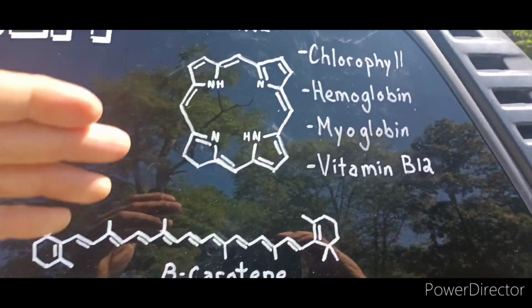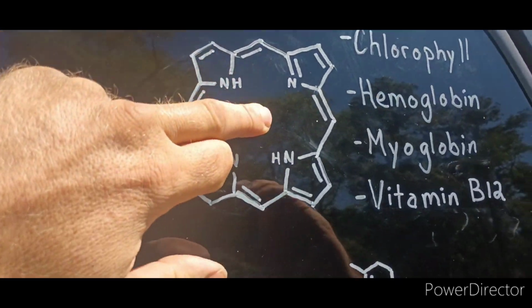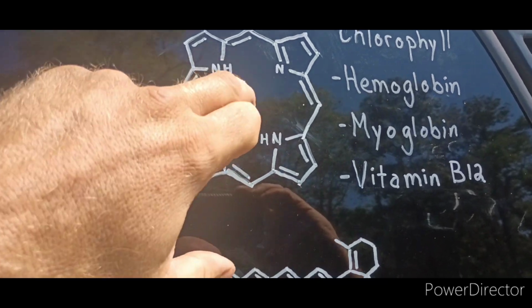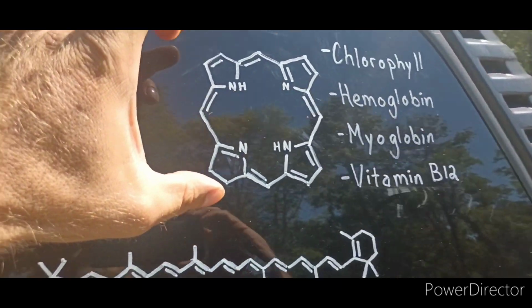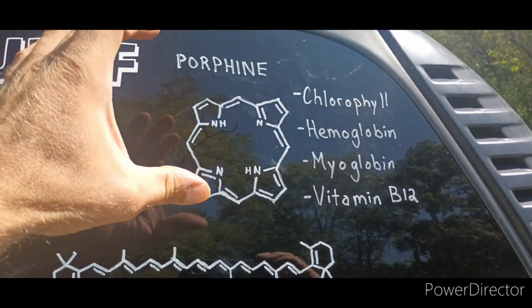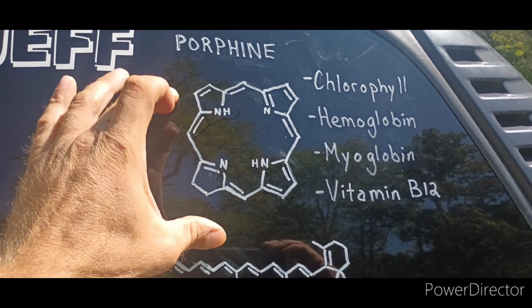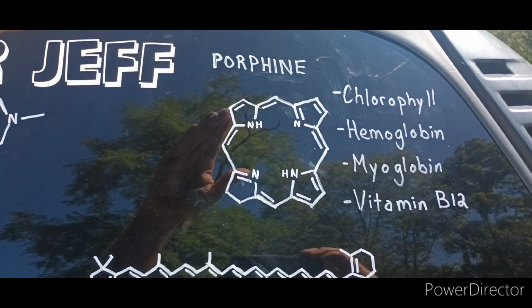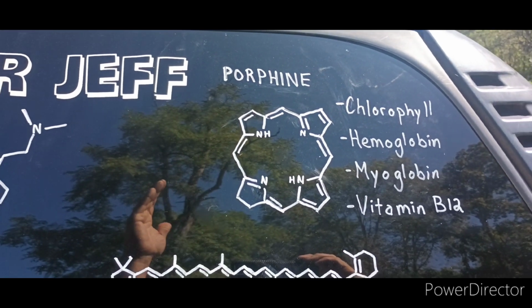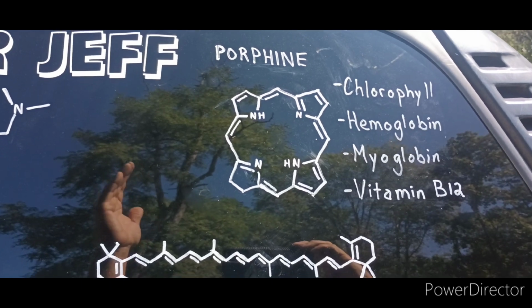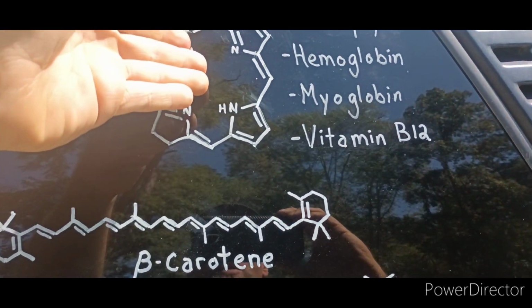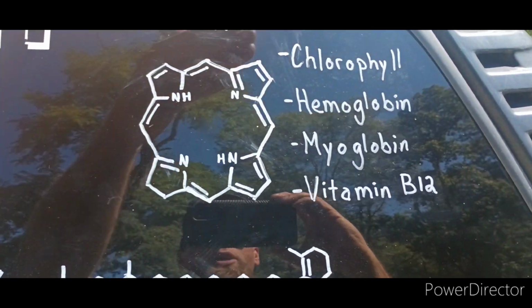That being said, if we put a magnesium in this porphine, if it has a magnesium center, it's going to absorb, I believe, the reds, because it gives a green color. Chlorophyll is going to be green.